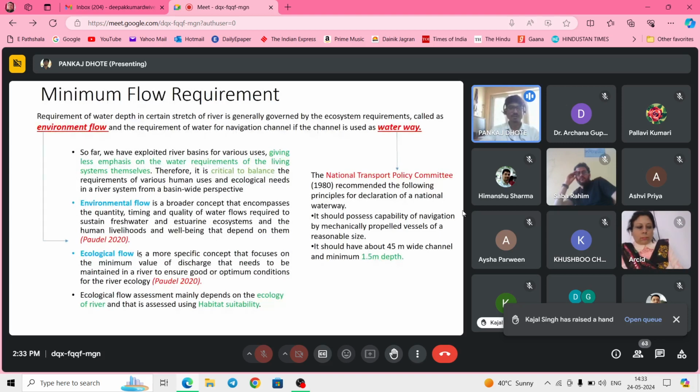If crocodile is there, dolphin is there, fish is there, each aquatic animal and fish requires different criteria of depth and velocity of the flow. So based on that, we can do such kind of habitat suitability for the different aquatic life.